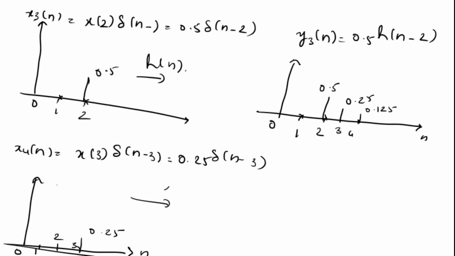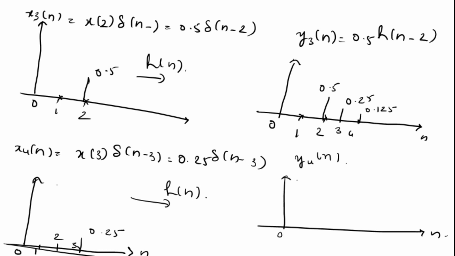That should be multiplied with h of n and we'll get the answer as y4 of n. At 0, 1, 2 there is no signal. At 3 we have 0.25. At 4 we have 0.125. At 5 we have 0.0625.